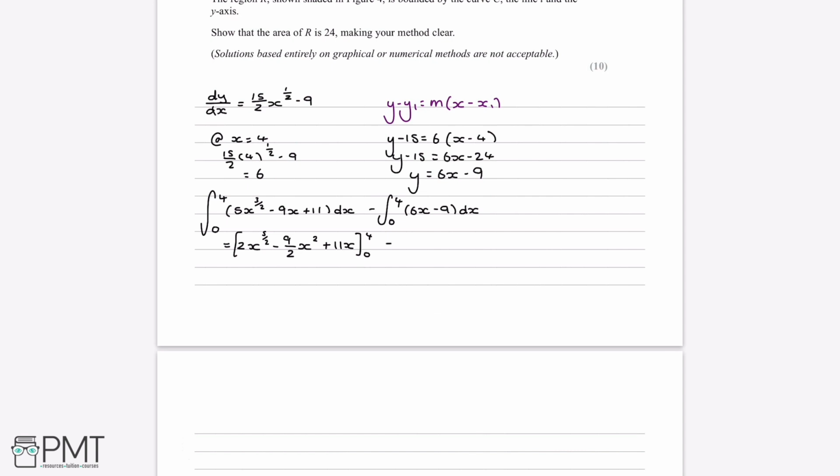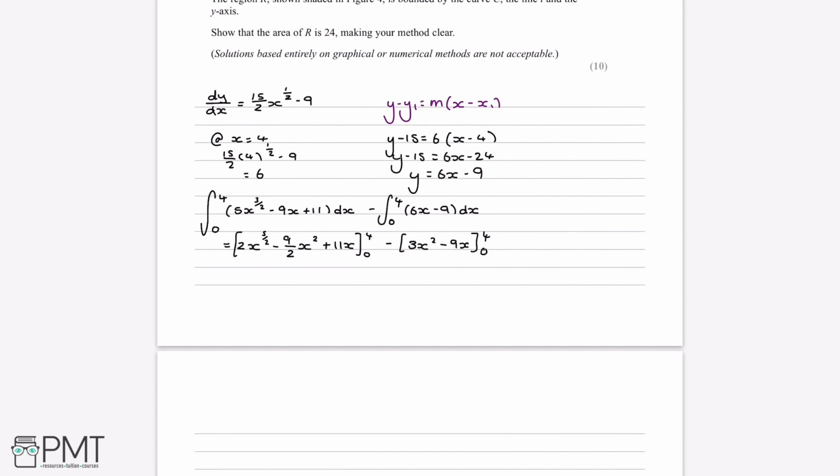And now if we go back to the line L, integrating 6x minus 9 gives us 6 divided by 2, which is 3x squared, minus 9x between 4 and 0 again.